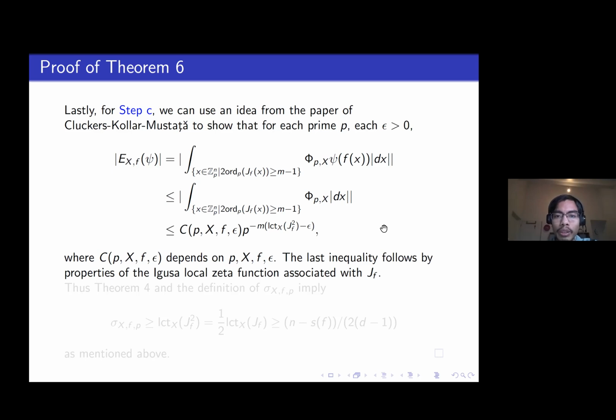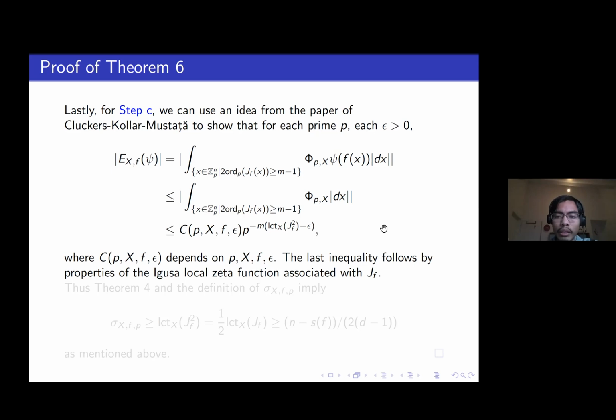And we can use a very simple calculation to show that this is less than c(p,epsilon) times p to the power minus m, times the local log canonical threshold of Jf squared at x minus epsilon, with some constant c(p,epsilon) depending only on p and epsilon.